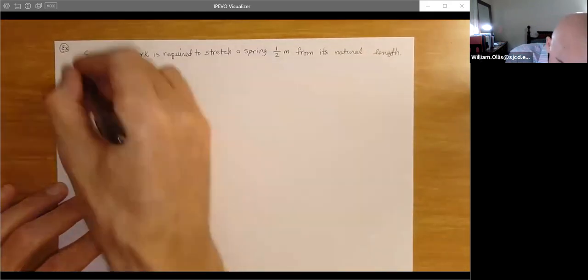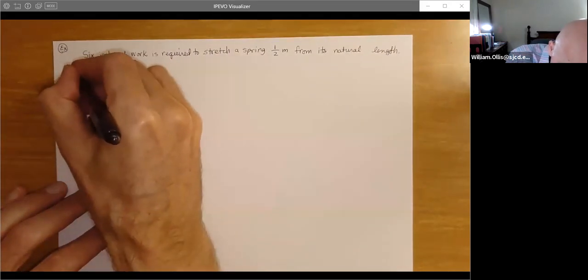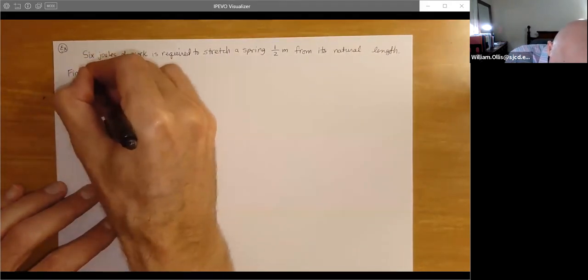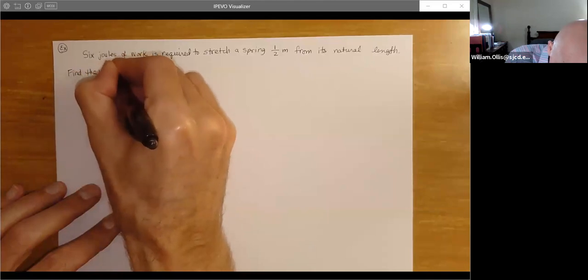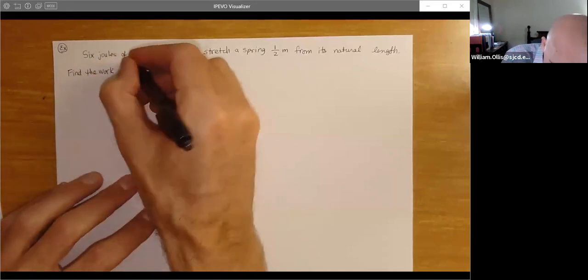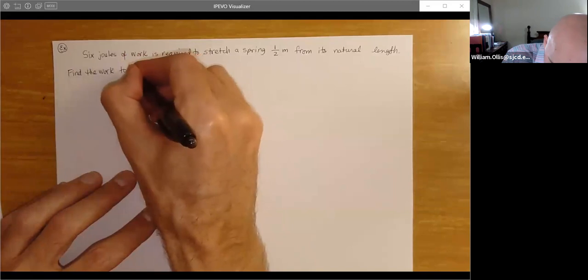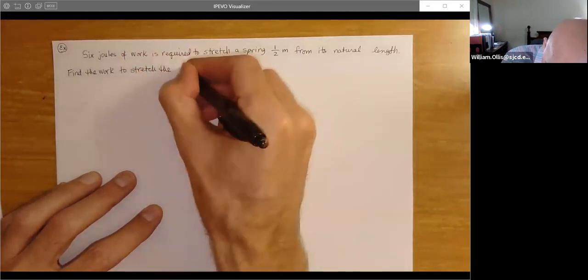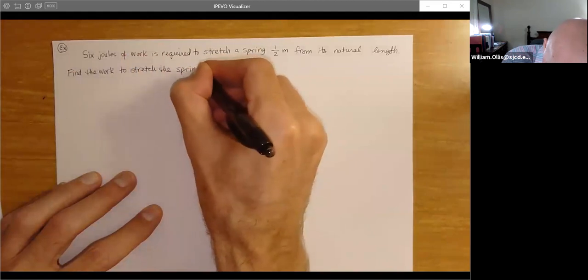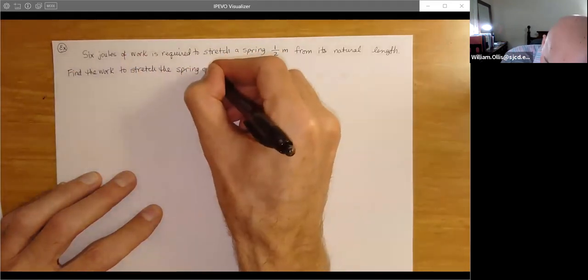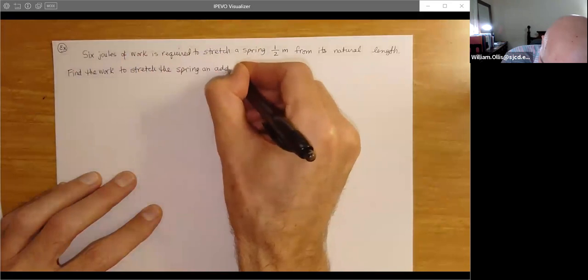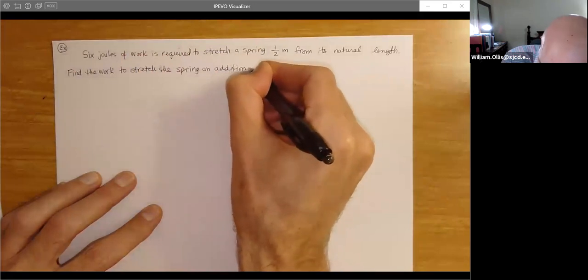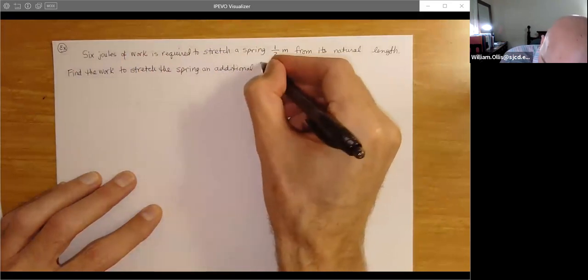And then it says, find the work to stretch the spring an additional 1/4 meter.